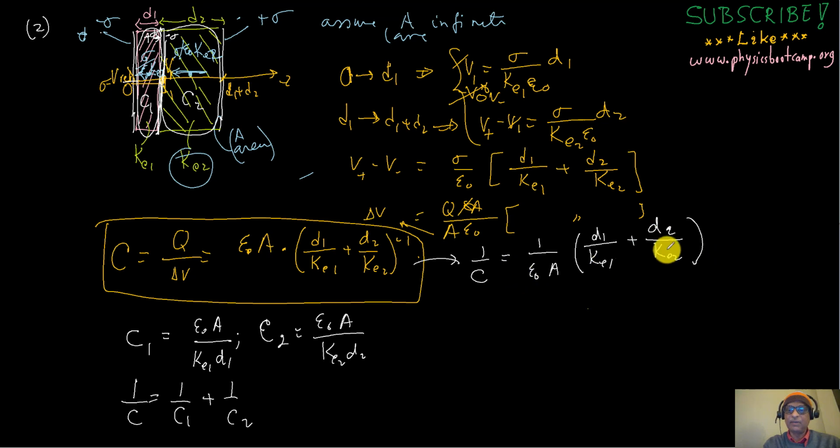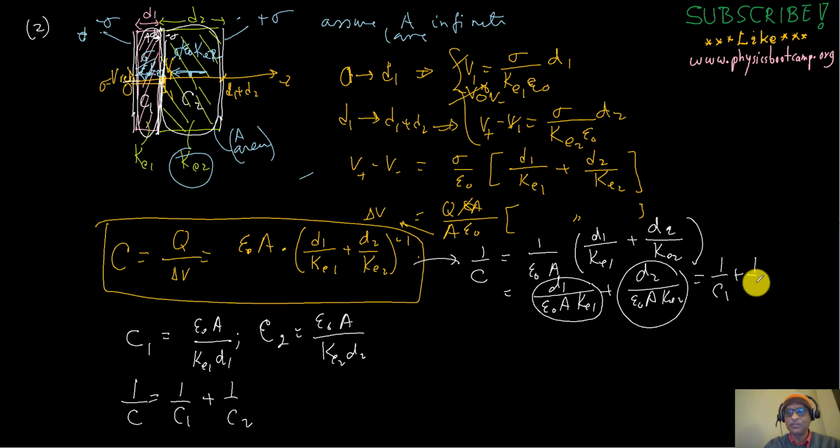So you can see I can distribute it, and you can see D1 over epsilon naught A KE1 plus D2 over epsilon naught A KE2. And so this is as if this guy was a capacitor by itself, and this is a capacitor by itself. This is 1 over C1 plus 1 over C2.